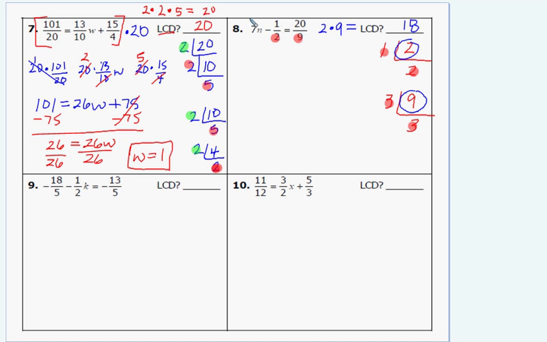So we're going to use the 18, and we're going to multiply our whole equation by 18. So 18 times 7n, 18 times negative 1/2. Notice I'm keeping the sign with the fraction so I know what it should be below.